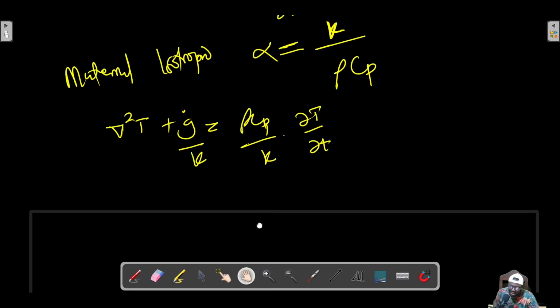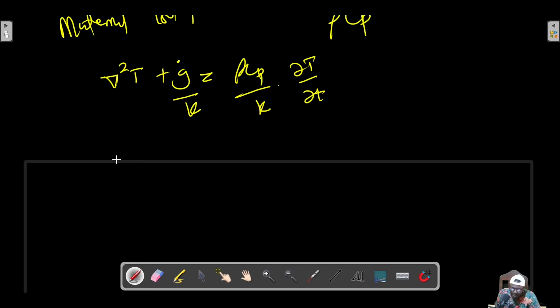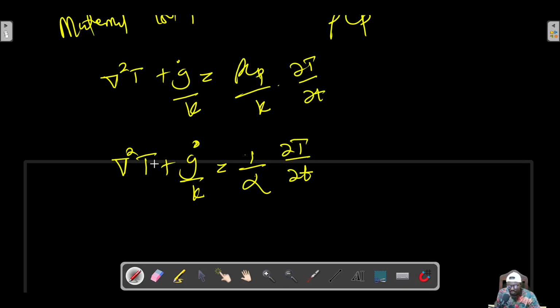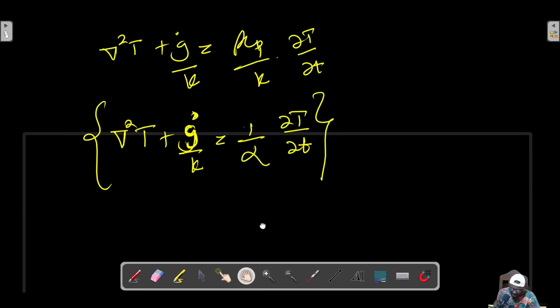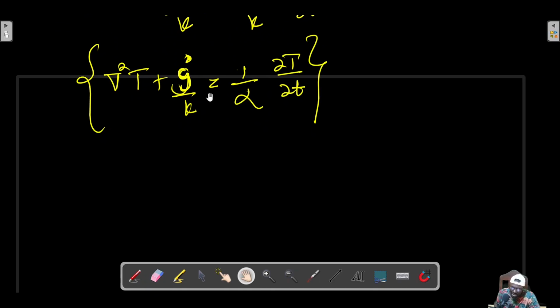Then I can say the Laplacian of my temperature field plus J dot divided by K is equal to 1 over alpha del T del small t, and alpha is my thermal diffusivity, right? J dot is the rate of heat generation. So you can also write the equation like that. If the material is isotropic, that is what we use.